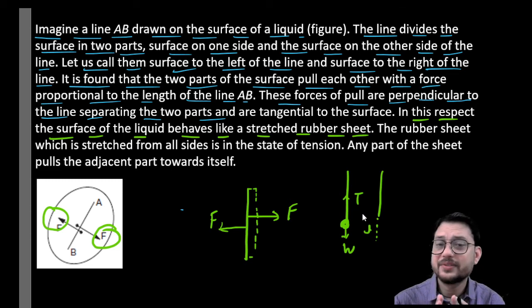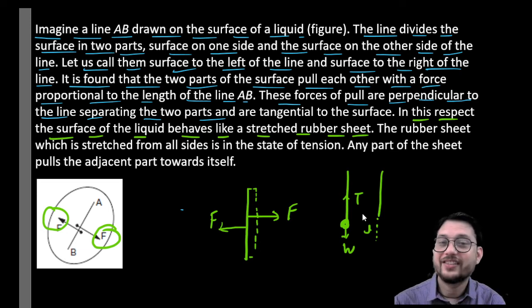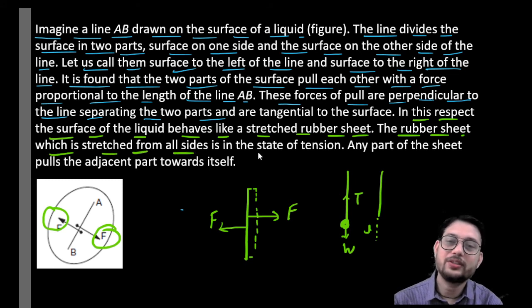In the same sense, we can see here that when forces act in the perpendicular direction to the imaginary line, it seems that the line is stretching, and it behaves like a rubber sheet. Now, the rubber sheet which is stretched from all sides is in a state of tension.